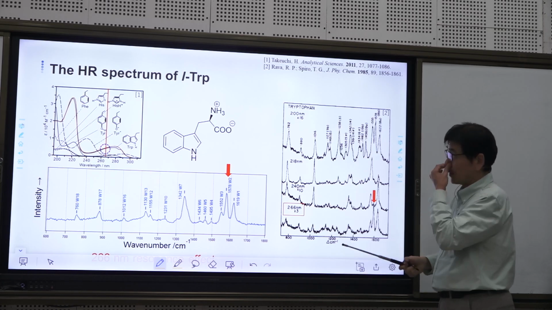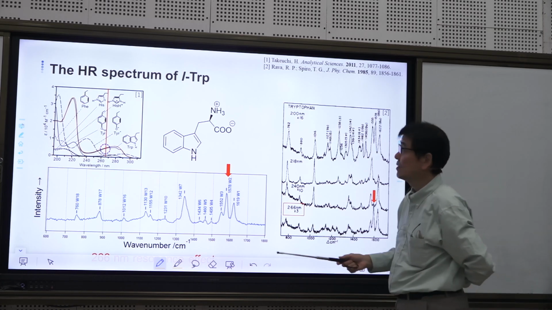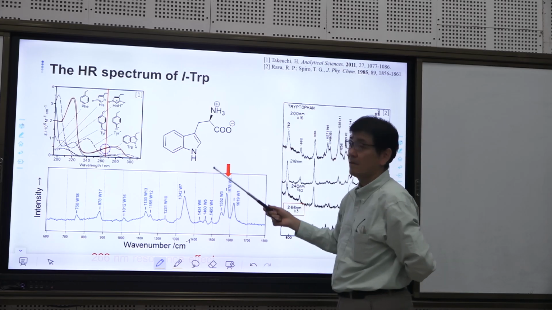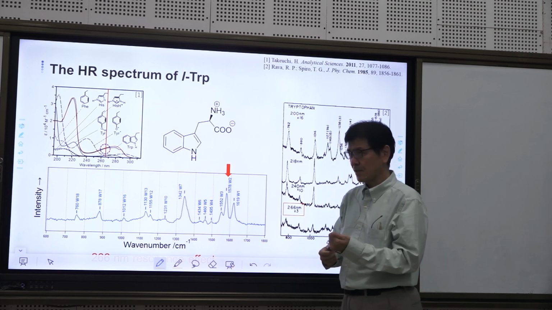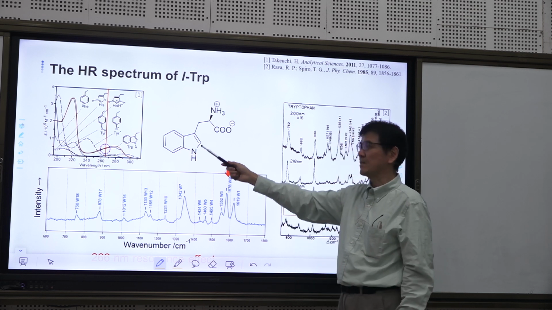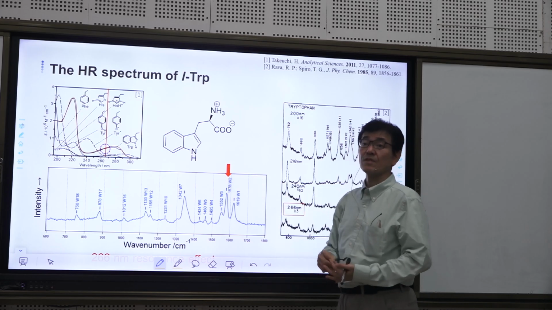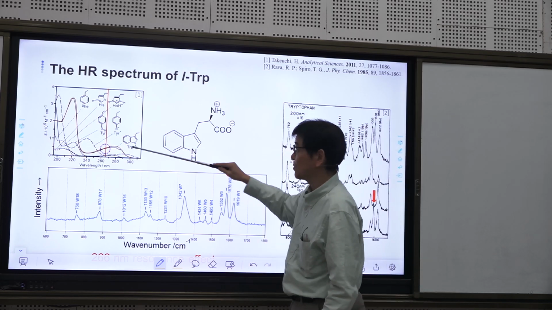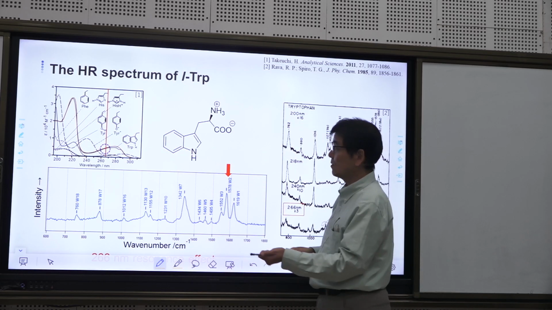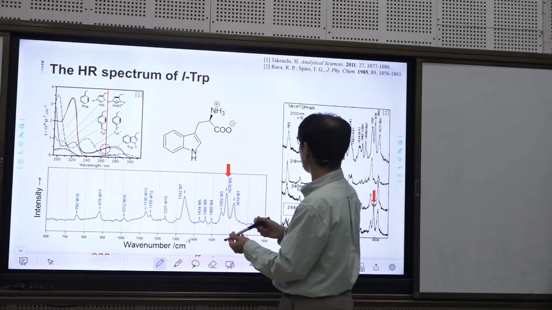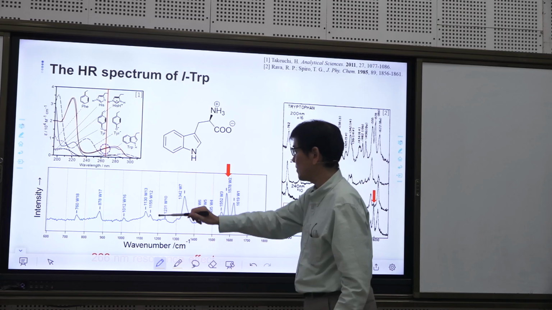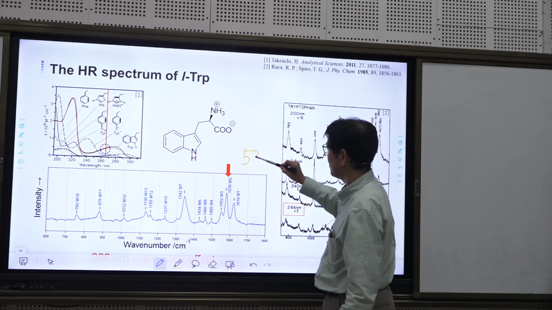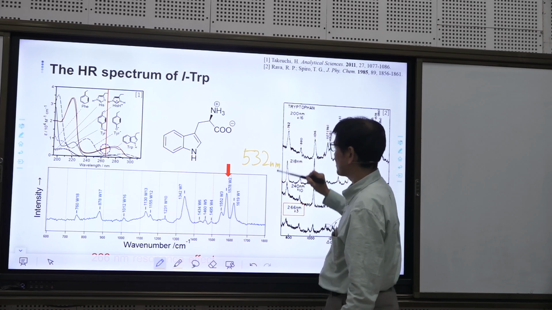Here is another example of an amino acid. This is the hyper-Raman spectrum of L-tryptophan. Yesterday I explained that tryptophan is sometimes focused on by using resonance Raman spectroscopy because it exhibits UV-visible absorption. We measure the hyper-Raman spectrum by a 532 nanometer pulse laser.